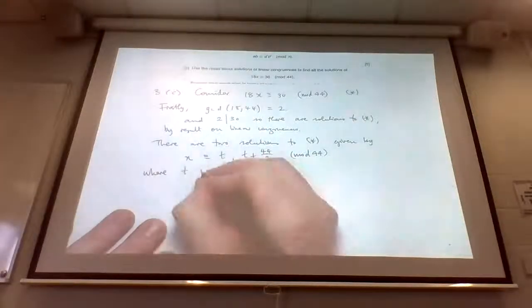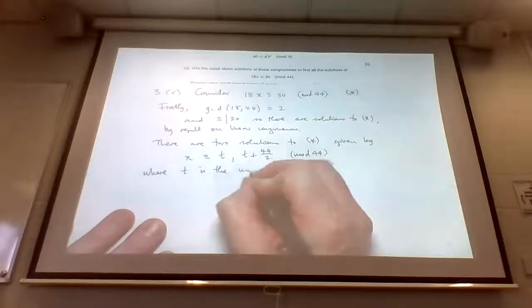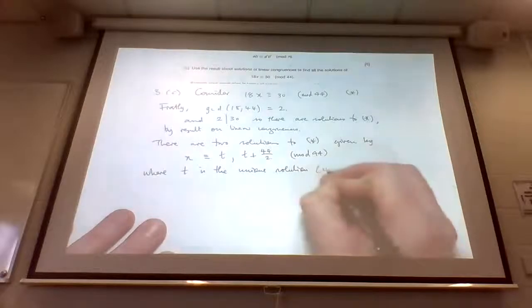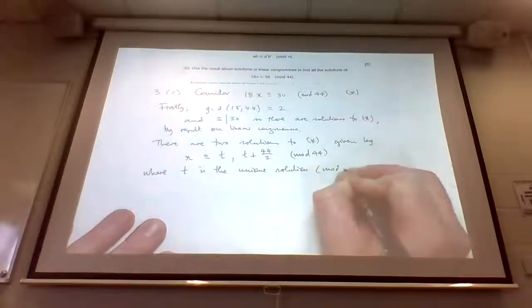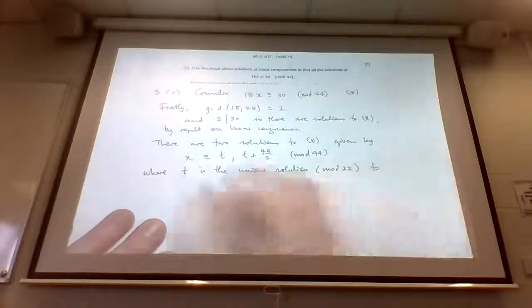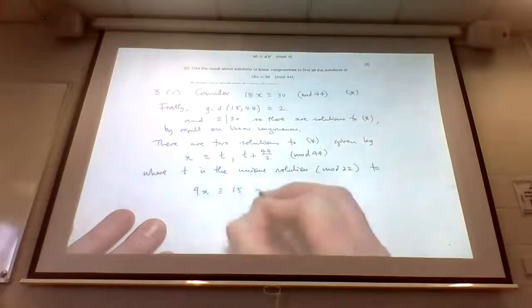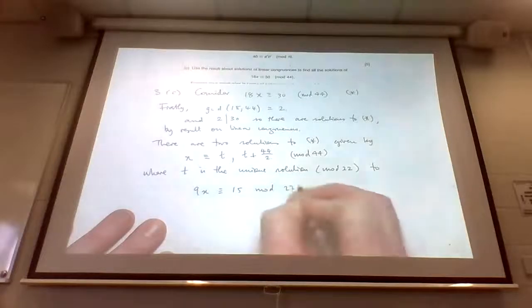Now what's this t? T is the unique solution modulo 22 to the reduced congruence, which is going to be 9x congruent to 15 modulo 22.